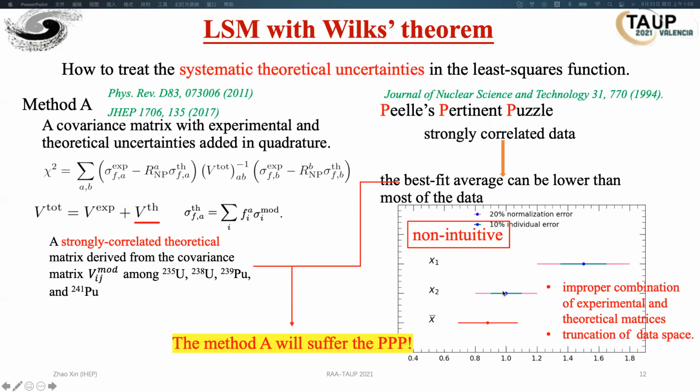If there are 2 numbers with highly correlated uncertainty, the best fit average of both of them can be lower than both of them, which may be caused by the improper combination of experimental and theoretical matrix, or the truncation of the data space.